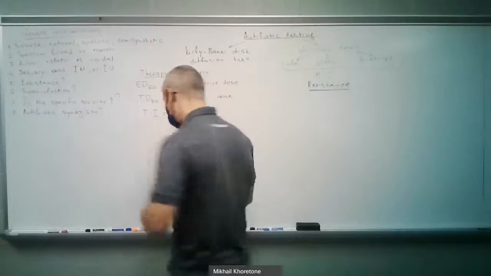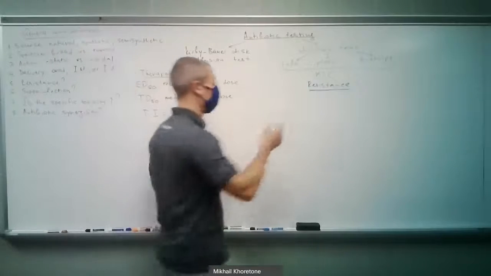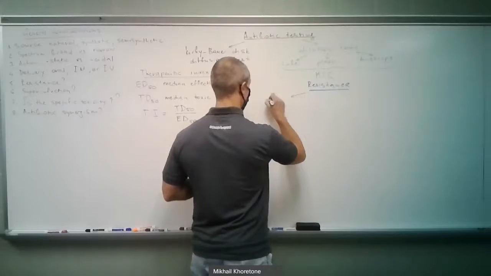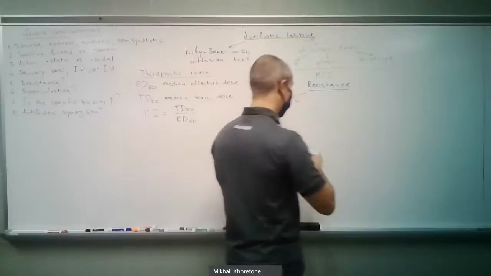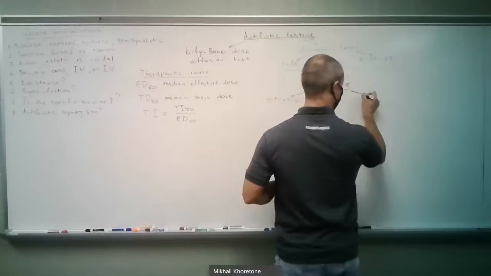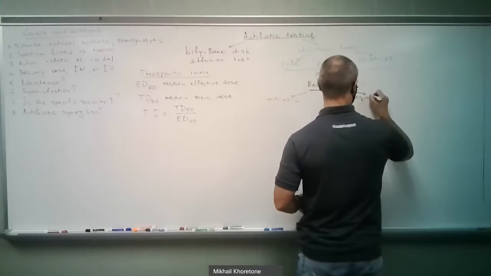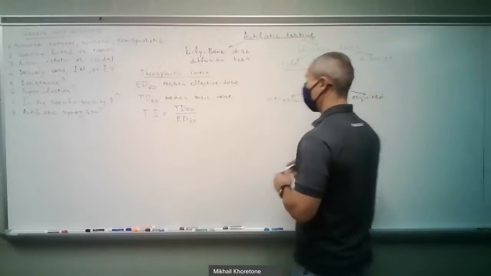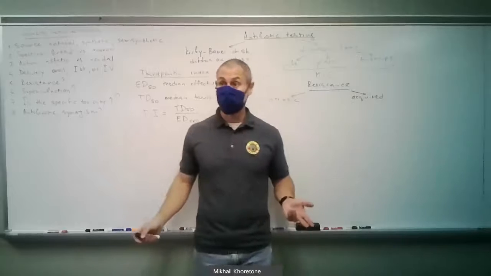So for instance, here, it's sort of my own definition. Resistance can be intrinsic. It's not a great term, but I cannot come up with anything better. Acquired. So they all acquired, essentially. They all acquired in the process of evolution, right?